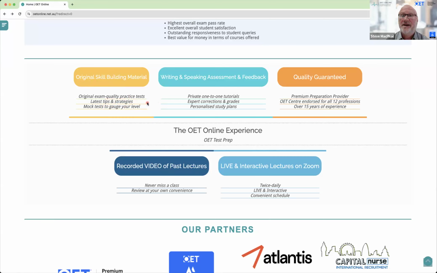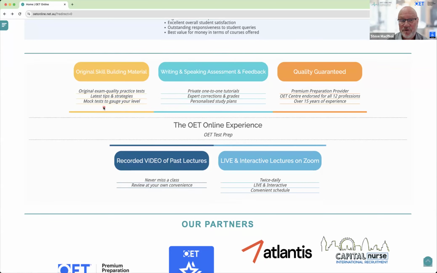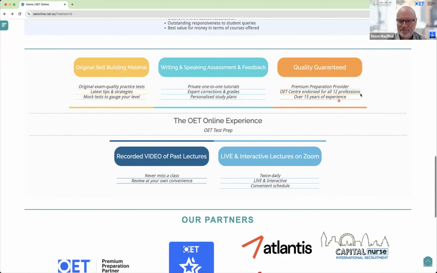And as they inform us of new areas to promote for students, we keep very much abreast of those changes. We also have mock tests to gauge your level, which can be very useful. For writing and speaking, we offer private one-to-one tutorials and expert corrections and grades via email, and we can create personalized study plans for you as well to help you achieve your goals.